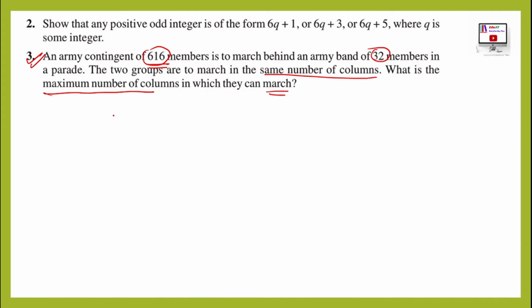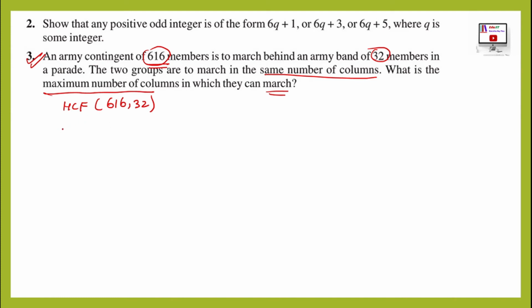So to find the maximum number of columns, we have to find the HCF of 616 and 32. So we will find this by Euclid's division algorithm.